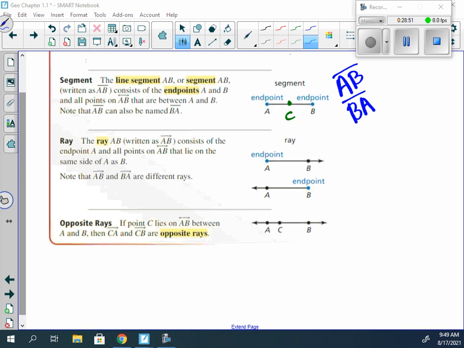Now, when we name a ray, the common way and what we'll use is that the endpoint always starts. So when we look at these two here, this first ray, well, the endpoint is A, and it goes through B. We start at A and we go through B. For ray BA, even though the ray is going the other way, where does it start?